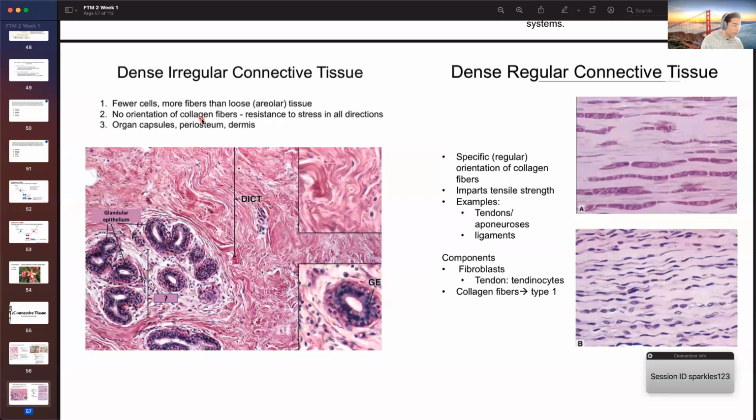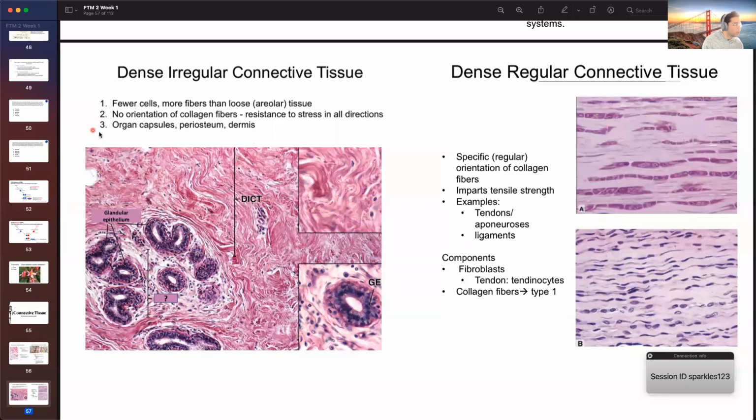Fewer cells, more fiber. It makes sense because the orientation of these collagen fibers allows them to take resistance in all directions. So you're going to find them a lot more in the organ capsules, periosteum, and the dermis.